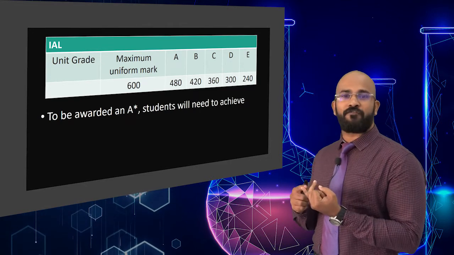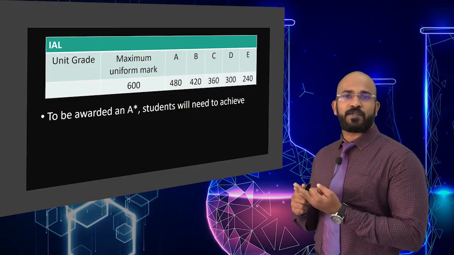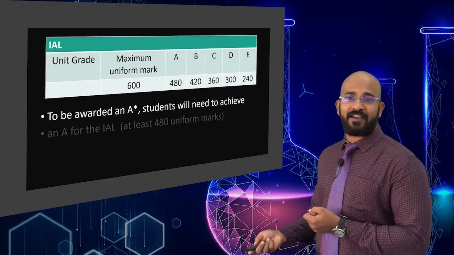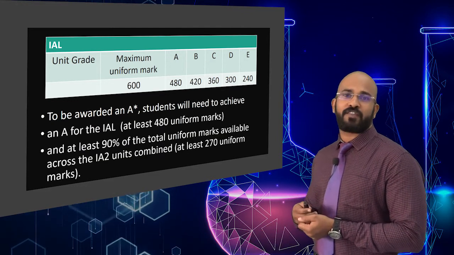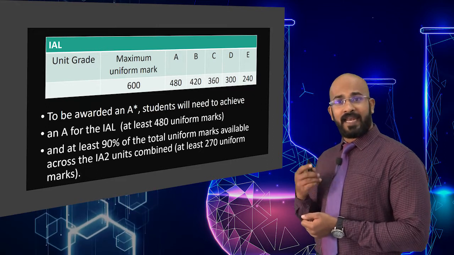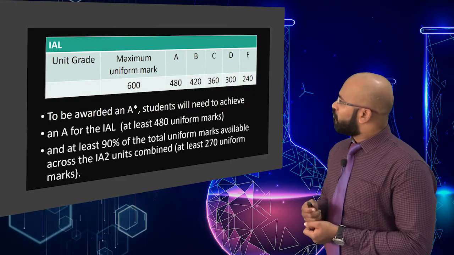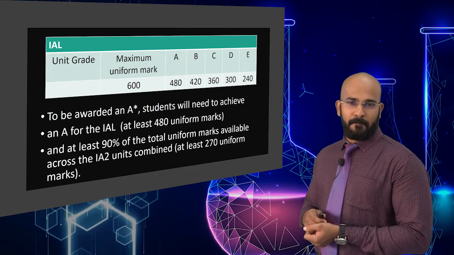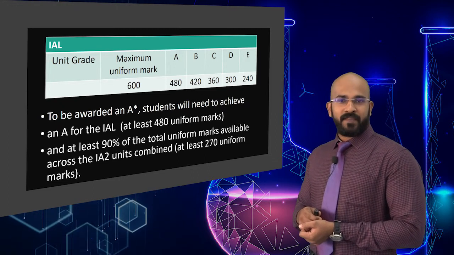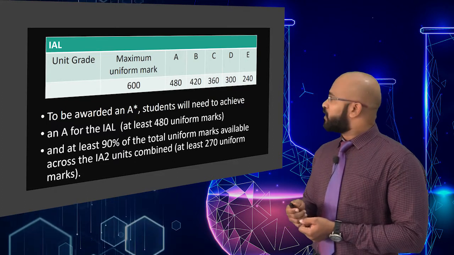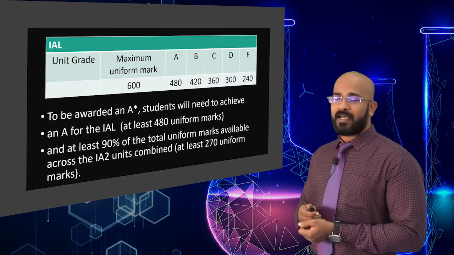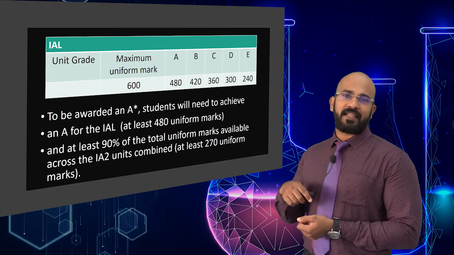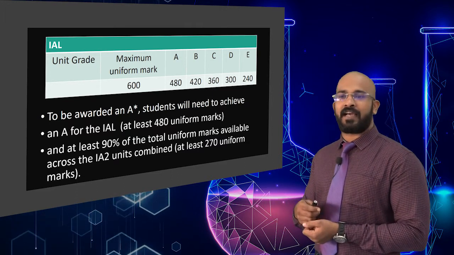That means for units 4, 5 and 6, a student should get 90%. That means 270 marks out of 300 and a total of 480 out of 600. That means even if you get 210 marks in IAS, that means a B, you can still get an A star in IAL.